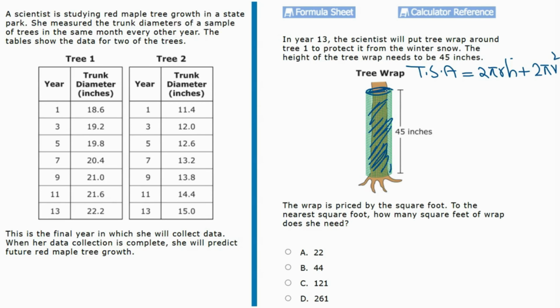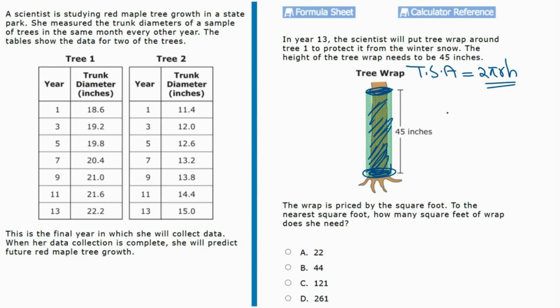This is an open cylinder. So we don't need the area of the circle below and above the cylinder here. That's why we don't need to add this area, that is 2 pi R square. We just need the area of the curved surface here. So in that case you will be taking only the area of this one, that is 2 pi RH.